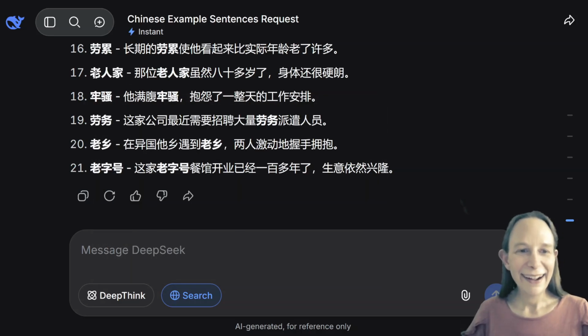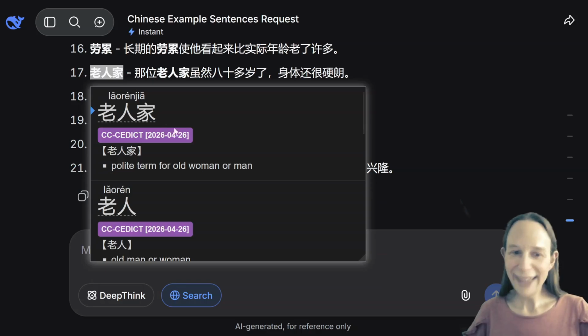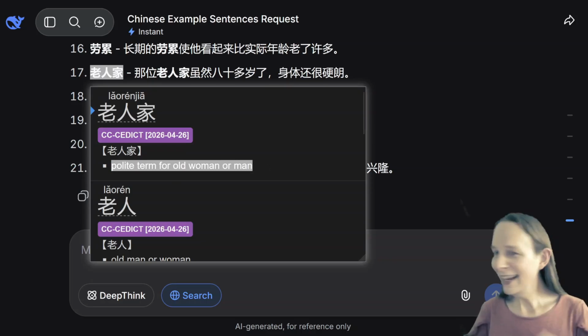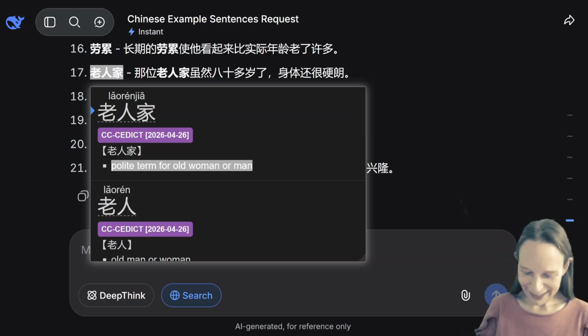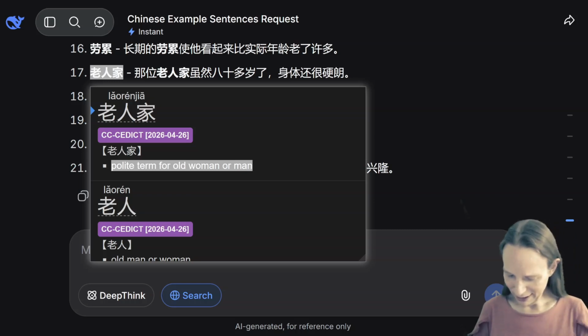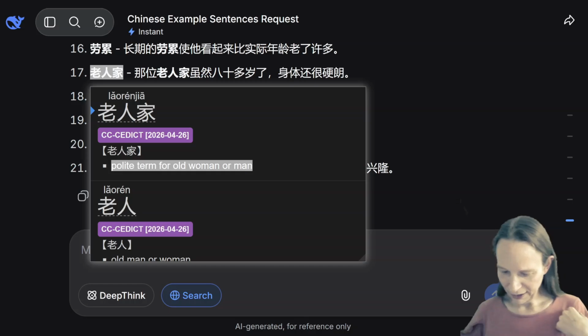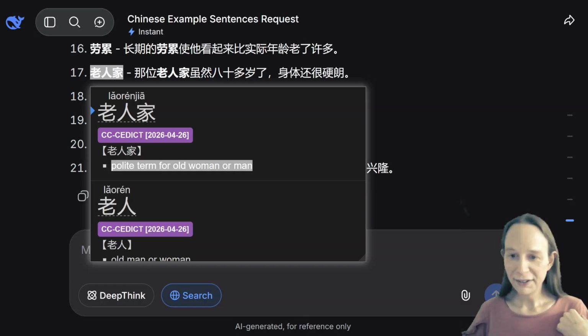All right. So 老人家, but old woman or man. I didn't get 老人家, I just got 人家. Is it in the dictionary? 老外, 老太, 老师. No, not in the dictionary.